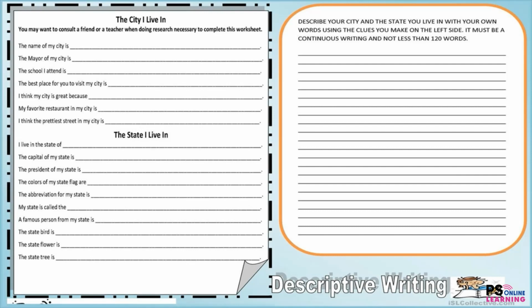Now, where it says state I live in, state means province. What province do you live in? I live in the province of blah. Now a lot of you are going to ask me, well, teacher, what about I live in Bangkok? Well, Bangkok is not only a city, but it is also a province. Okay, you should know that already.